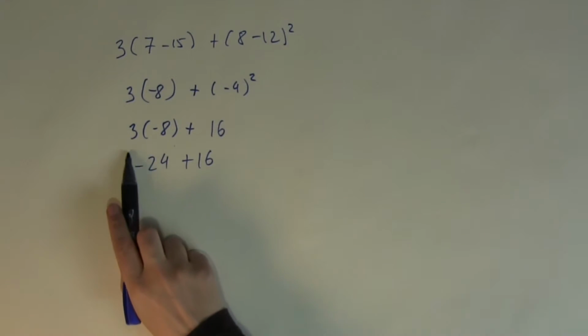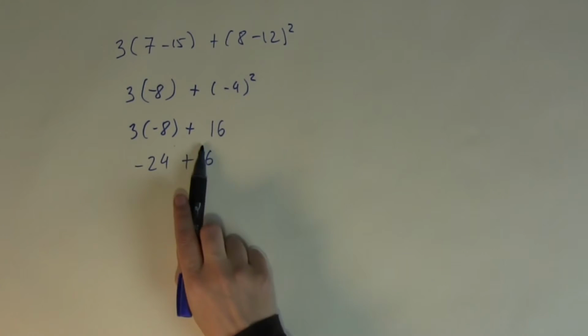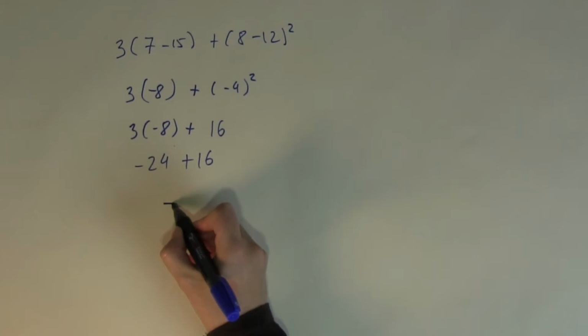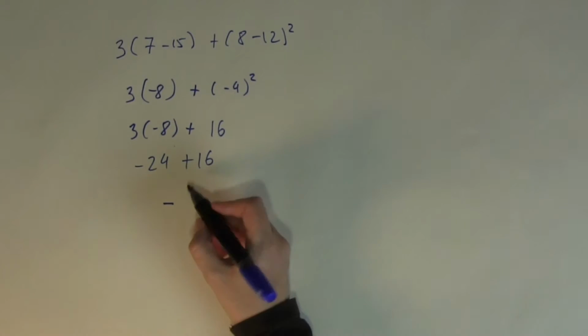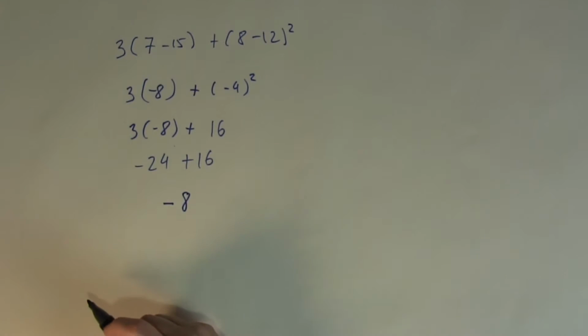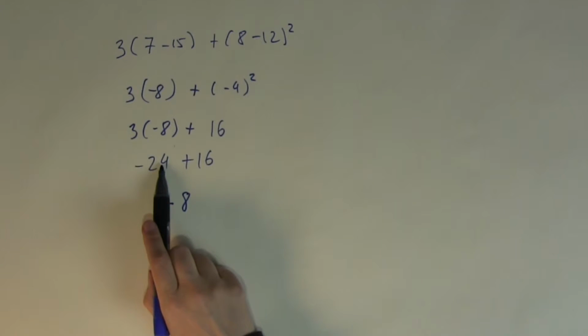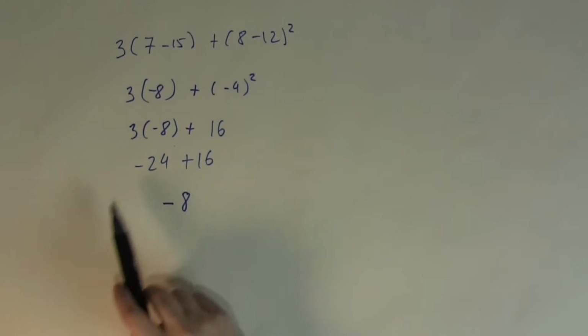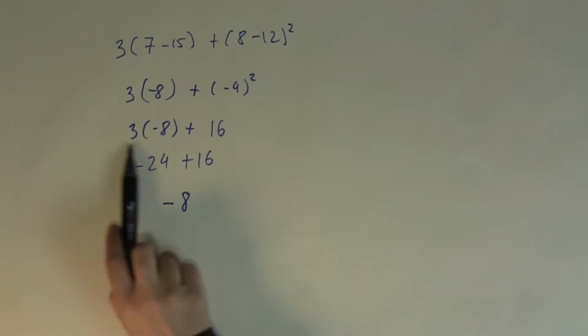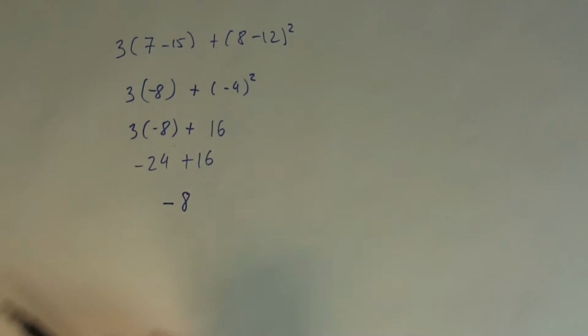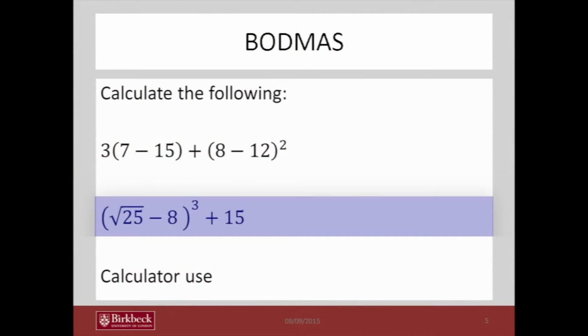So I have got more debt than I have got money. So I'm going to end up with a debt of £8 because the difference between the 24 and 16 is 8. So again, if you're not familiar with positive and negative numbers and how to deal with them, do refresh them by looking at the previous video. Now let's look at the second example.